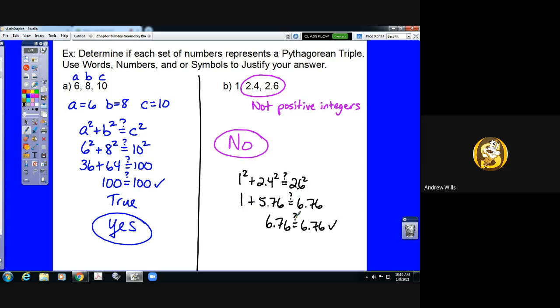But it doesn't matter, because they're not positive integers. It can't be a Pythagorean triple. Those numbers do represent the side lengths of a potential right triangle, but because they're not integers, it is not a Pythagorean triple. They have to be integers. So don't waste time on a problem if it asks you, is this a Pythagorean triple, and one or more of the numbers are a decimal or a fraction. That's an automatic no, and you don't need to worry about checking the Pythagorean theorem.